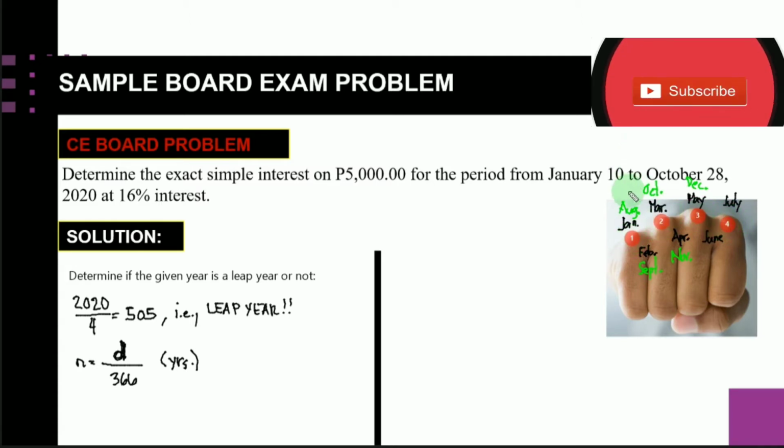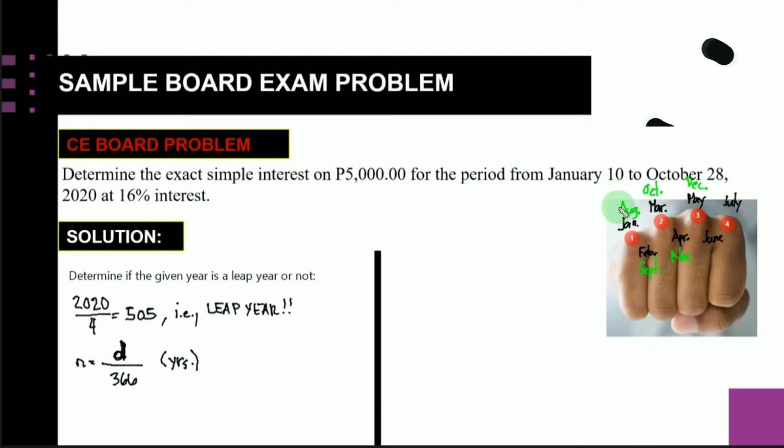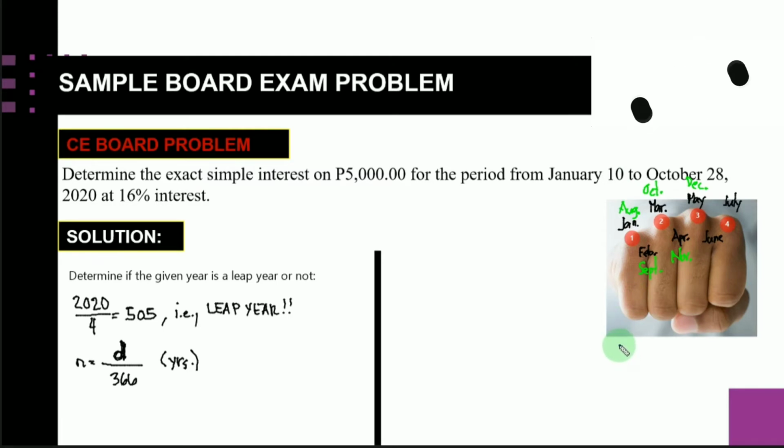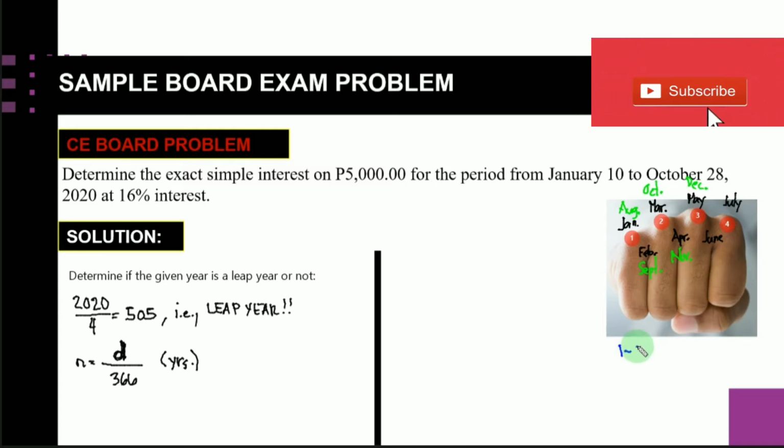So the number of days here is just equivalent to 31, okay. So for the knuckle 1, those months belonging to this knuckle 1, the number of days is 31 days, okay.